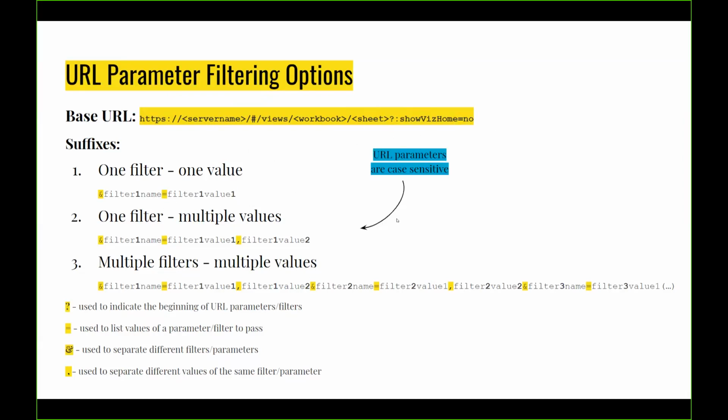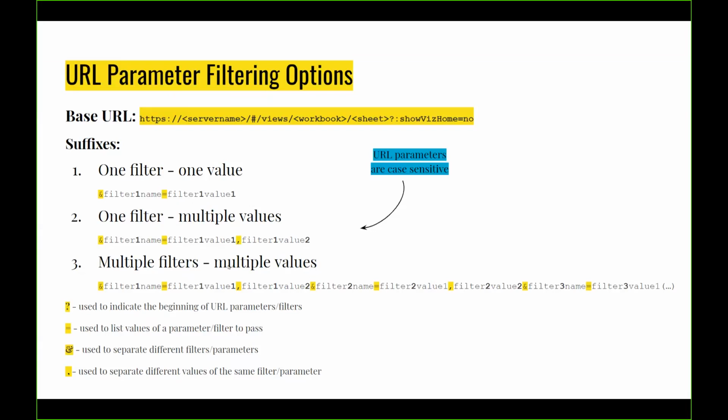So that means that you don't have to make any changes in the workbook, but you will be able to use that value, region equals central, as a filter of your view rather than a filter of a workbook overall. And you can do this for one value, so it can be region equals central. It could be multiple values, such as region equals central, and then comma, which separates values of the same parameter, and you can type in east, for example.